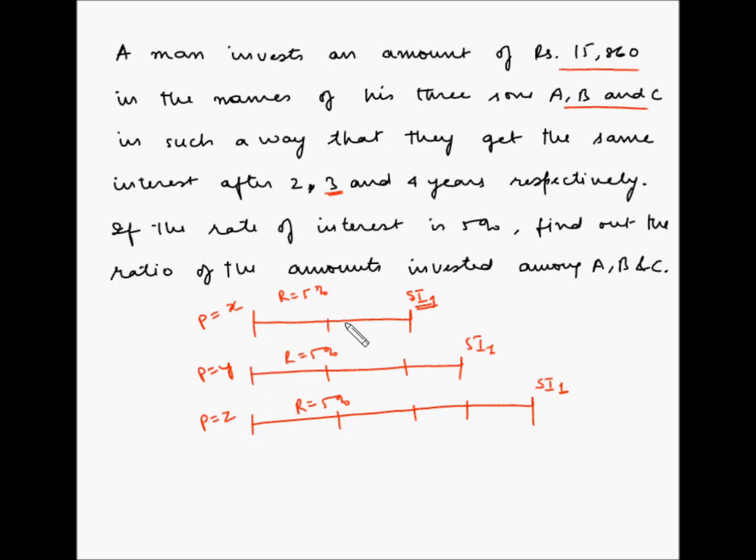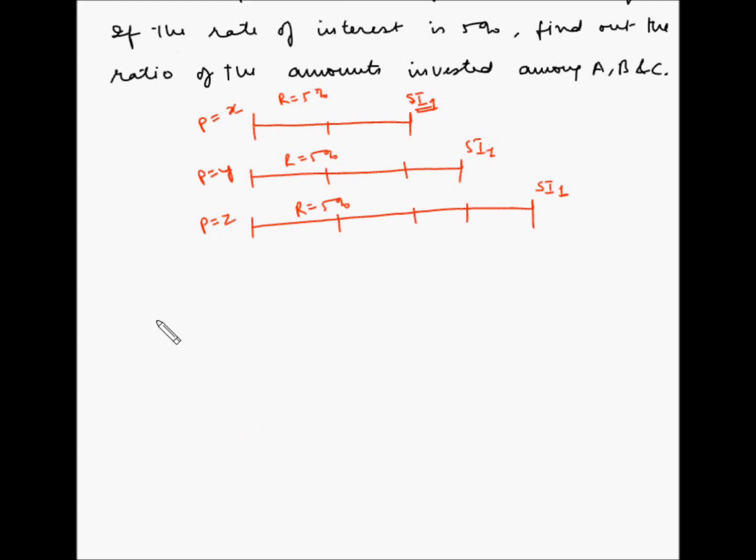So now the common point between these three is the simple interest, which is the same: SI 1, SI 1, SI 1. So let's equate the simple interest for all three investments. The simple interest formula is PRT by 100.